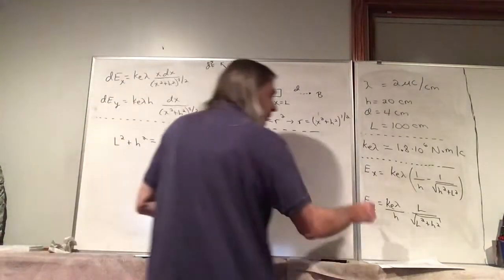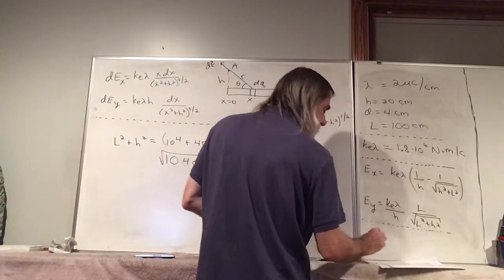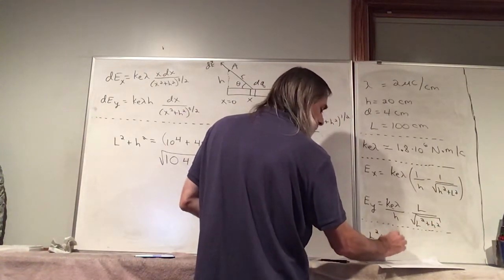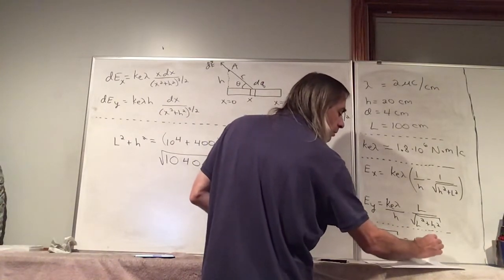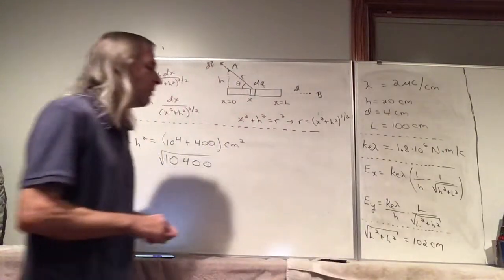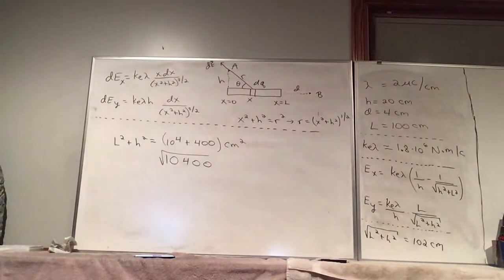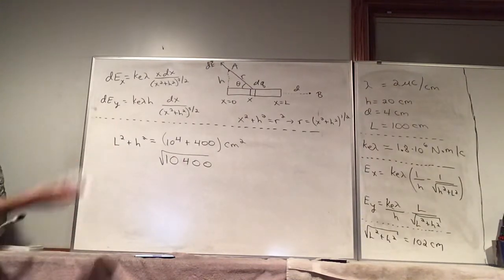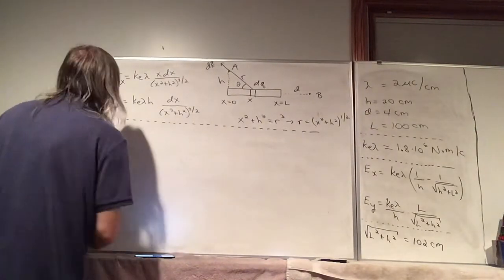So let's write this here. The square root of L squared plus h squared is 102 centimeters. So it's not much different than L itself. But that's fine. Let's put everything together then.